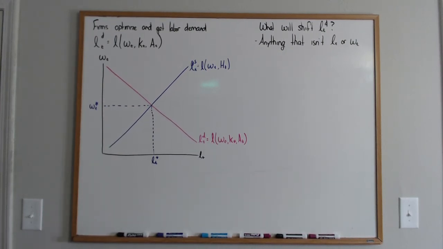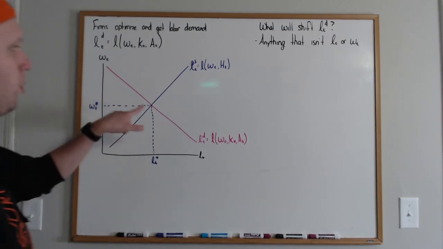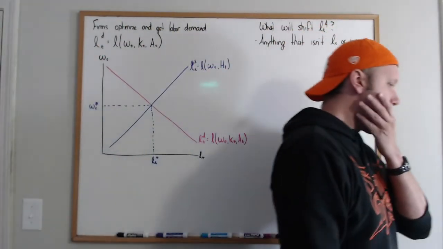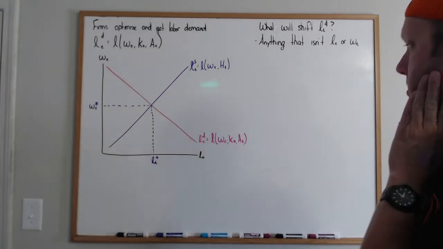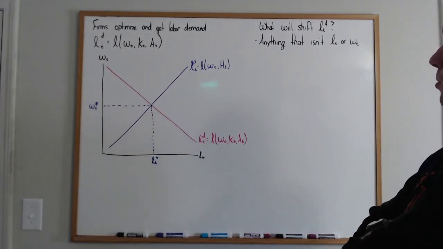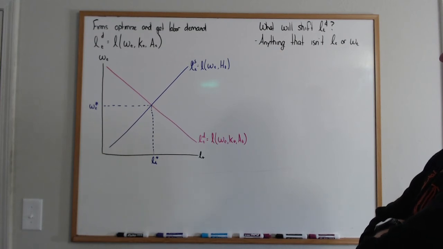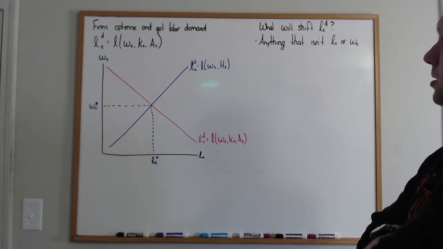So if the wage rate goes up, well, there's no shift in labor demand, because that's already been accounted for within the graph. So we move to a new point on the labor demand curve. But what's labor demand a function of? Well, it's a function of the real wage rate, capital, and total factor productivity shocks.